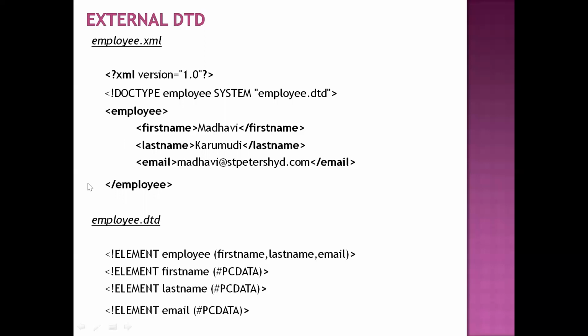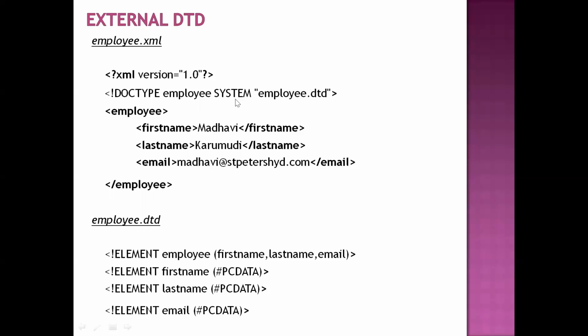Now how to link up this XML with DTD? So for that, we need to use DOCTYPE tag. So this DOCTYPE tag defines about the document of employee, and in this we'll use SYSTEM attribute for linking your DTD to your XML document.